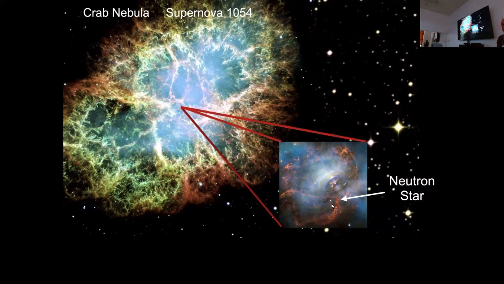What the remnant is after one of these explosions is a star made entirely of neutrons. And the star is only about 10 to 15 kilometers in diameter. So it's about as big as Santa Cruz, but it has a solar mass of stuff.